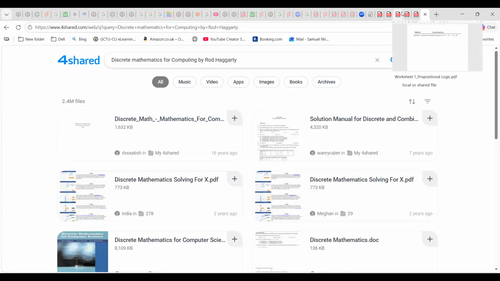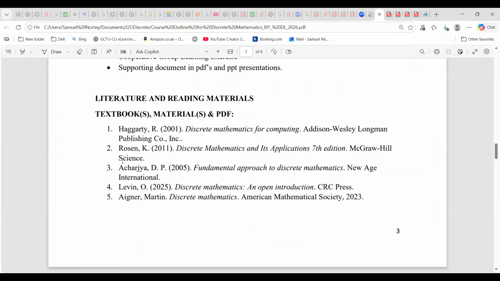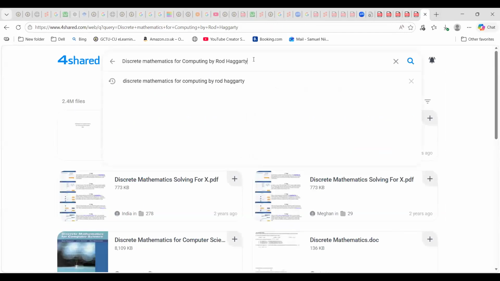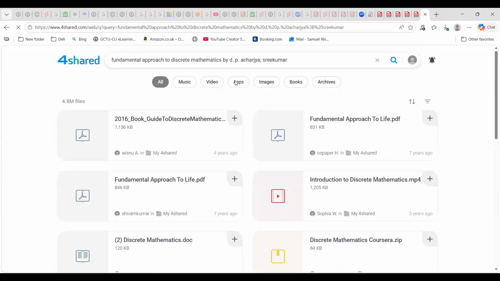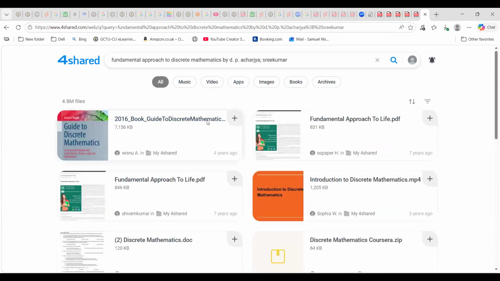So you can take your time and type these books, Fundamental Approach to Discrete Maths. I think by, yeah, that's the name. This is not what I want.